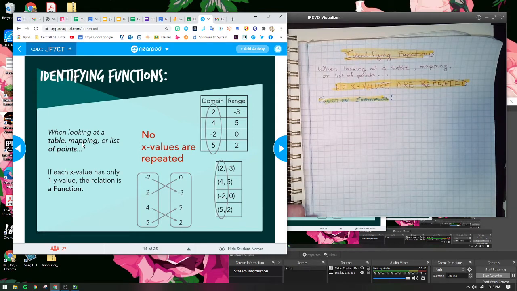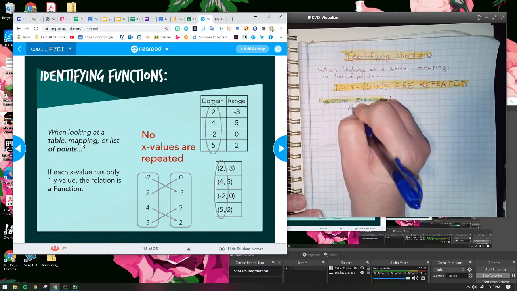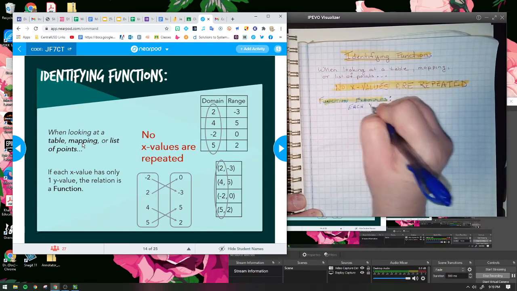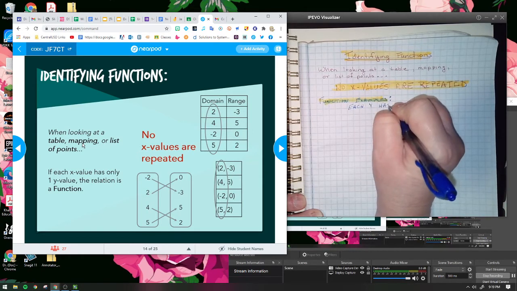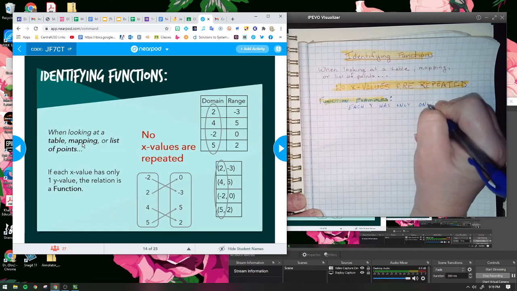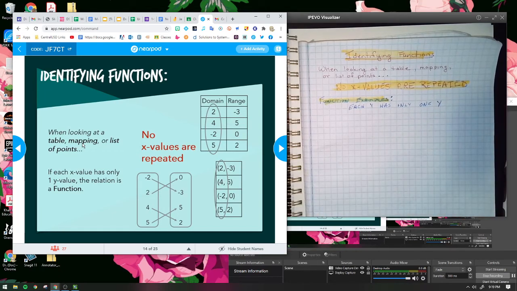So function examples: each x has only one y. There's no dating on the side, just one.